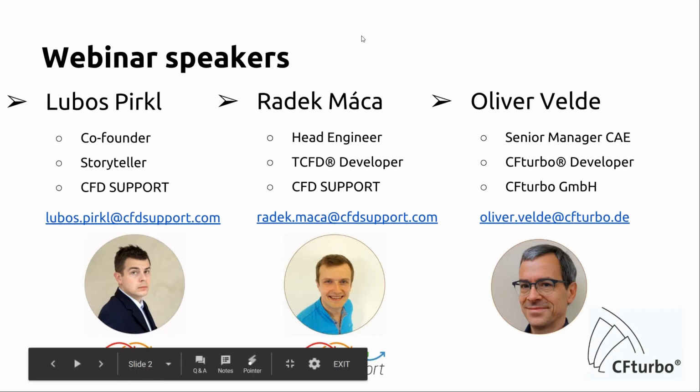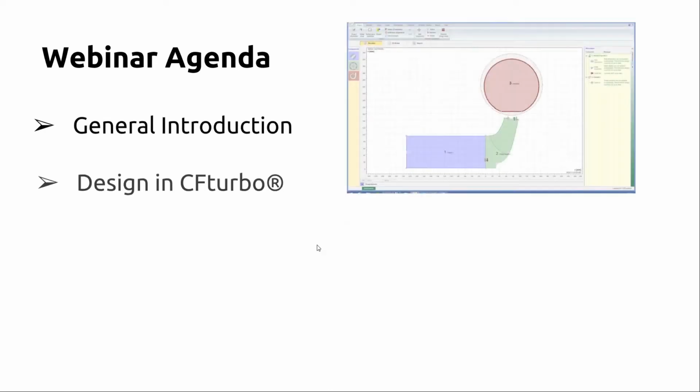About the agenda of today's webinar, there will be 4 parts. In the first part, it will be this general introduction. In the second part, let's call it the design part, there will be a live example where Oliver is going to introduce CFturbo a little bit, and then he will show us a live example of centrifugal pump including the solid parts and also the secondary flow path.